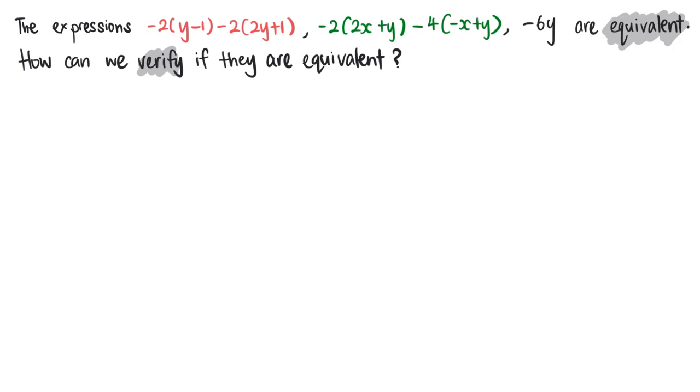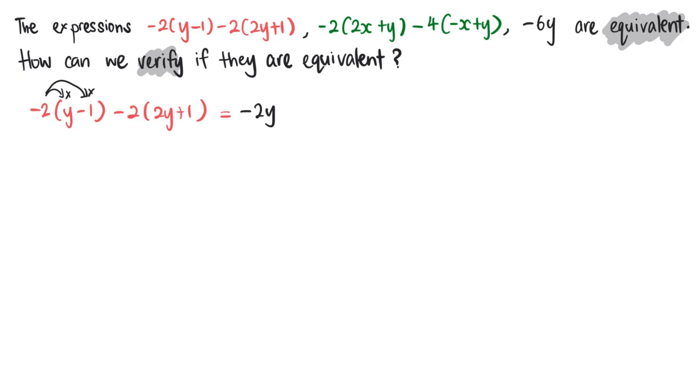So let's start with the red color. Negative 2 times bracket y minus 1 minus 2 times bracket 2y plus 1, and see if it does give us any hint. Okay? So this one will be equal to, let's see, negative 2 times positive y is negative 2y.